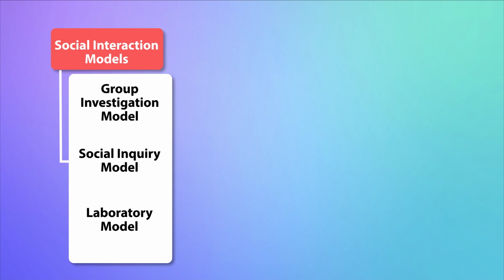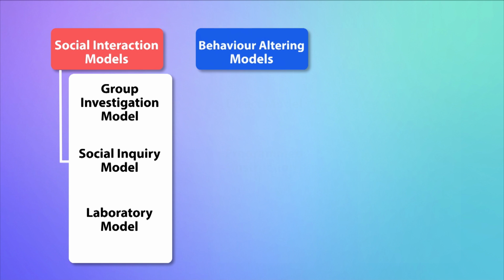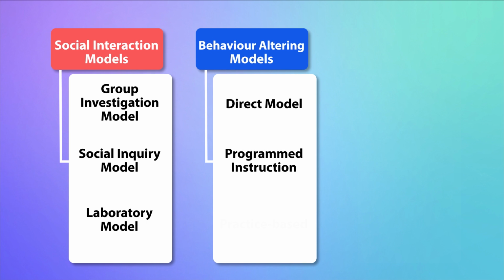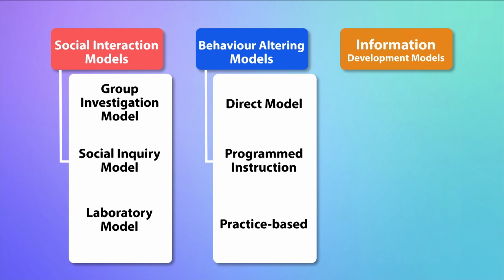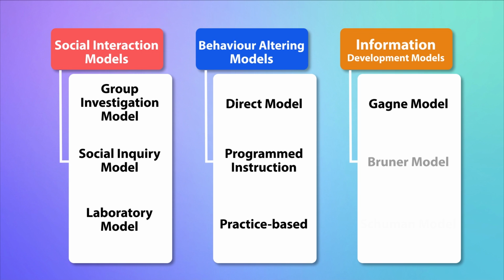Now, social interaction models: under this family, the group investigation model is there, the social inquiry model is there, the laboratory model is there. In behavioral altering or behavioral change models, the direct model is there, the programmed instruction model is there, the practice-based model is there. Then the third family, information development or information processing models, has three major models: the Gagne model, the Bruner model, and the Schumann model.